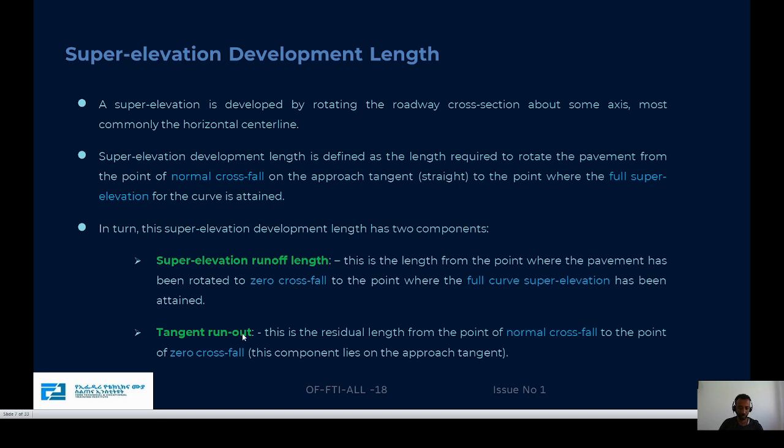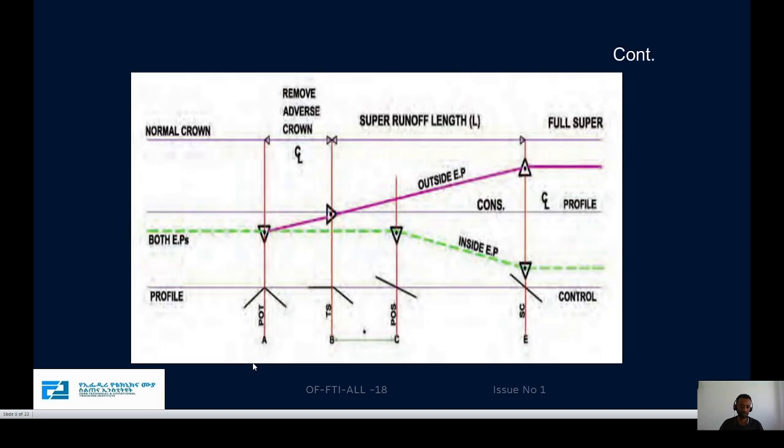And runout will be a length from the normal cross-slope to 0 cross-slope, so the outer part will be 0. So we have seen in the figures, this is a normal cross-slope up to 4%, so the outer part will rise, so it is 0%.